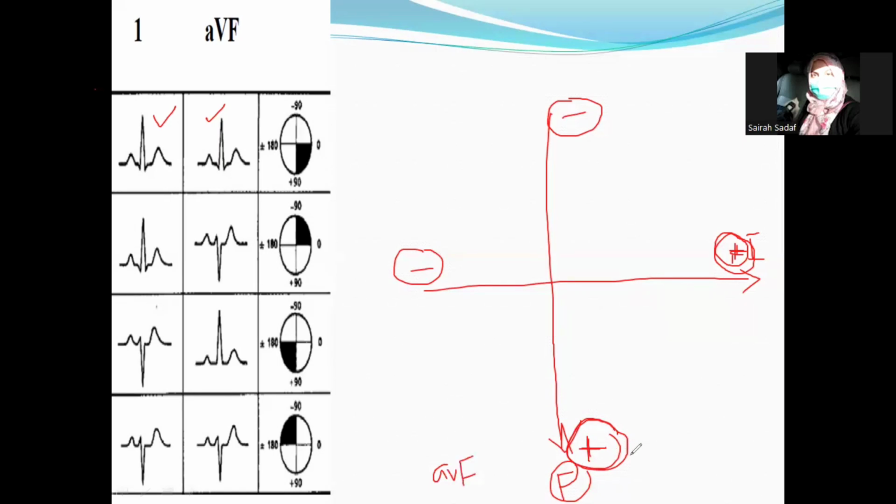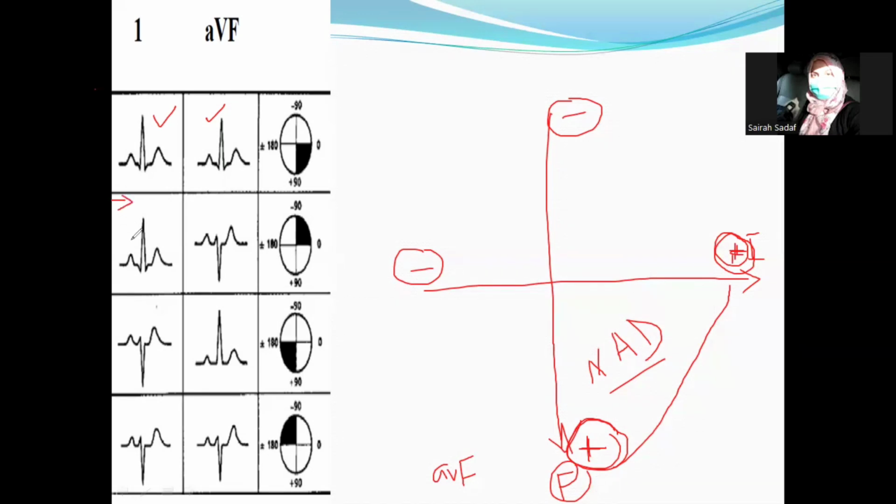Now, this is the normal axis of the heart. Normal axis, basically it's not deviation, but I'm just writing it in the way, it's a normal axis of the heart. Lateral and inferior. Got it? Now, let's move to the second option here.